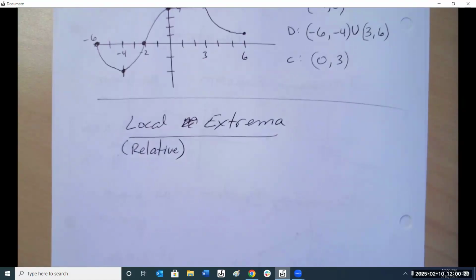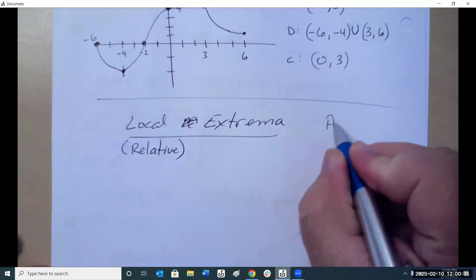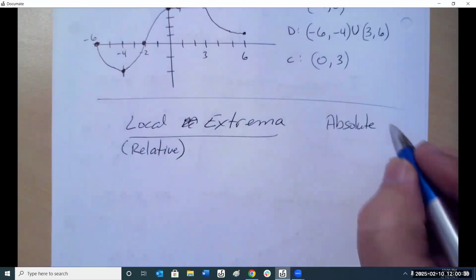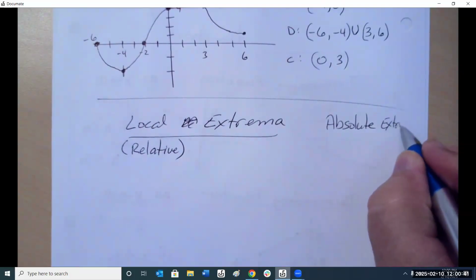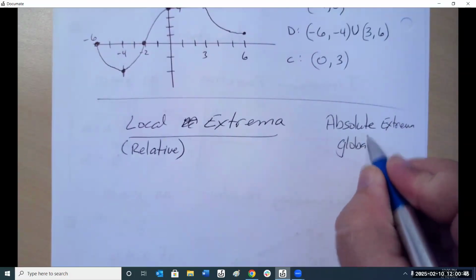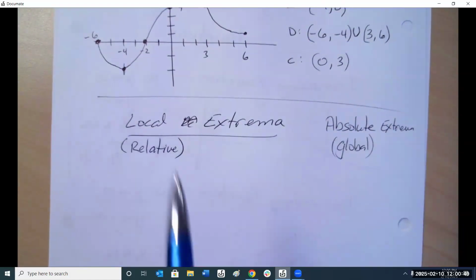If it's not a small domain, if it's over the entire thing, then it's called an absolute extrema, or global extrema. So local versus global is a smaller subset of the entire domain.